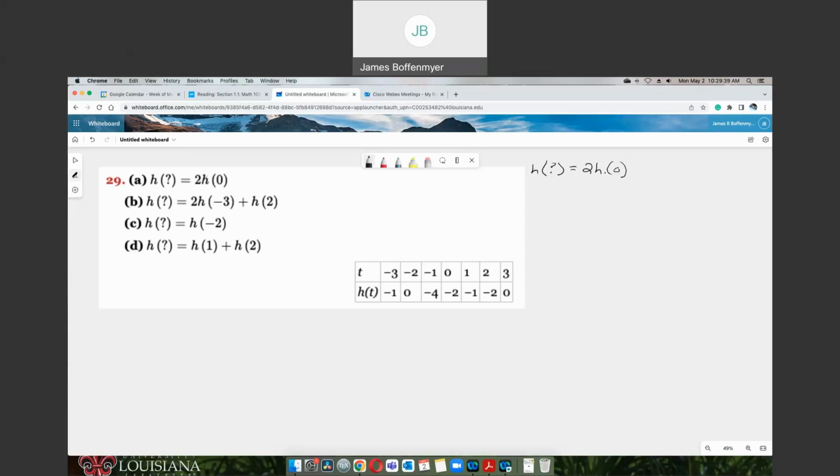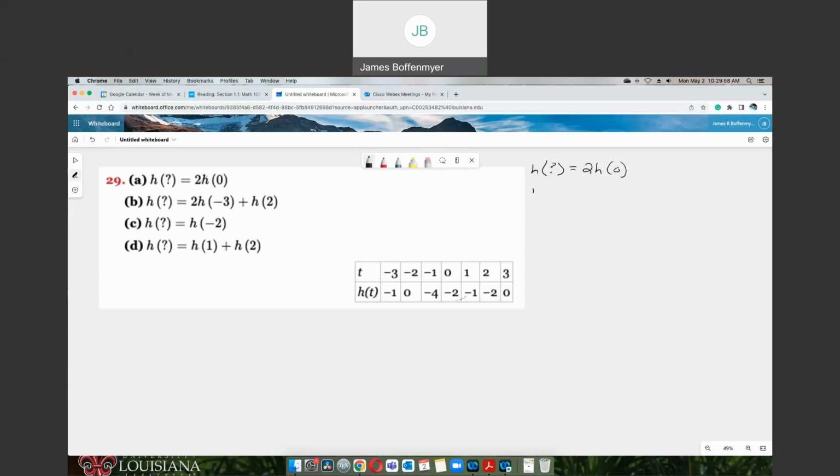The first part of our problem, we have to look to see what my h value is when my t value is 0. When your t is 0, your h value would be -2, which is this little guy right here.